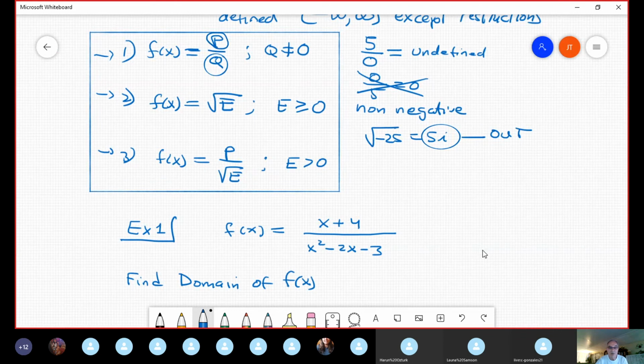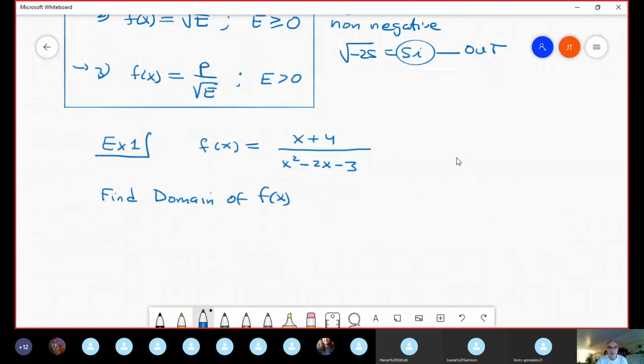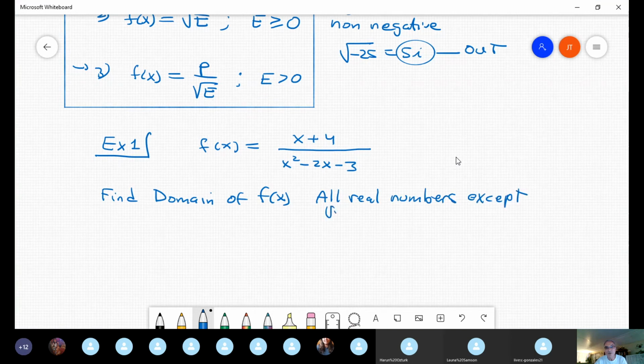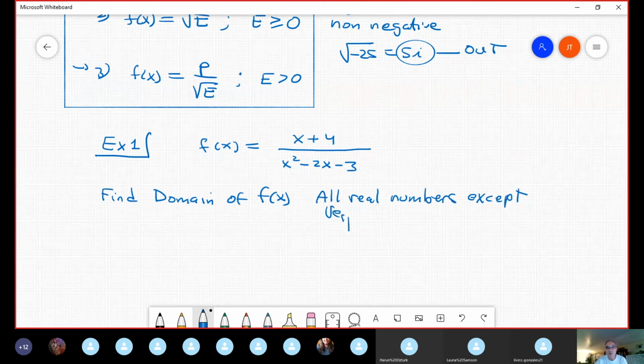So I know that the domain is all real numbers except restrictions.